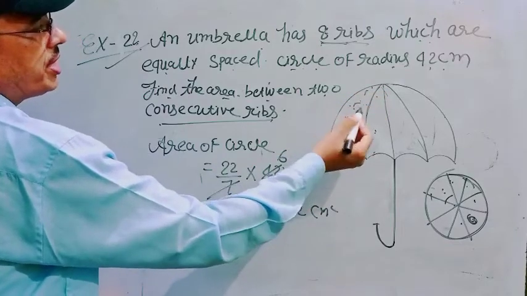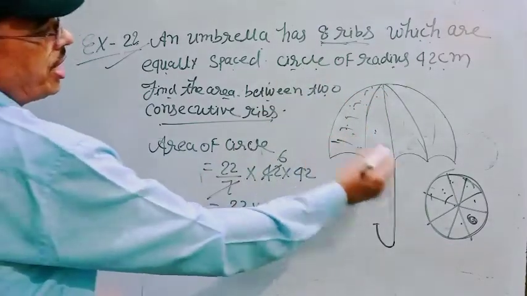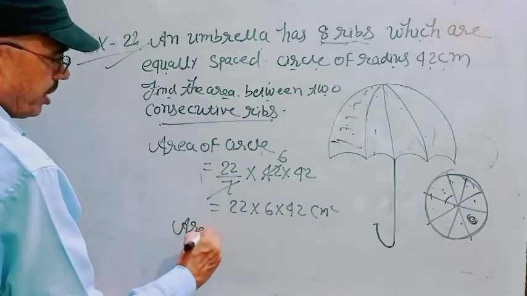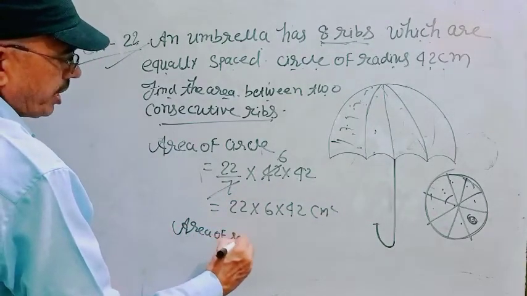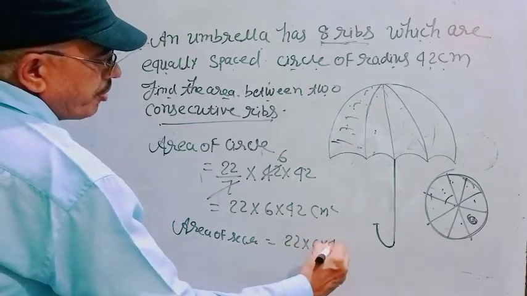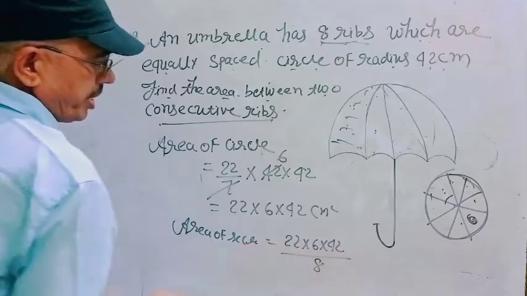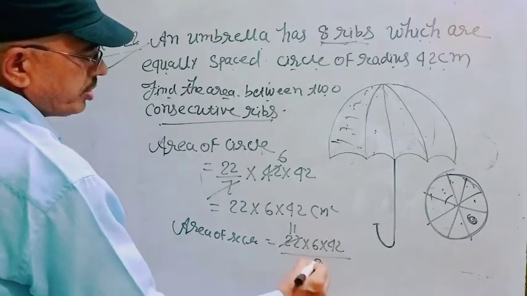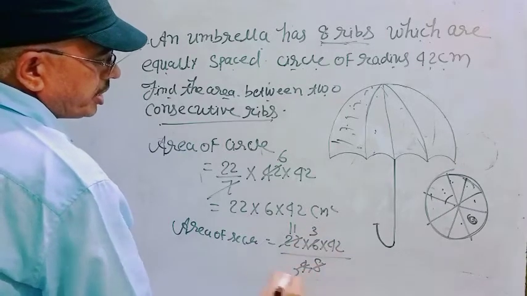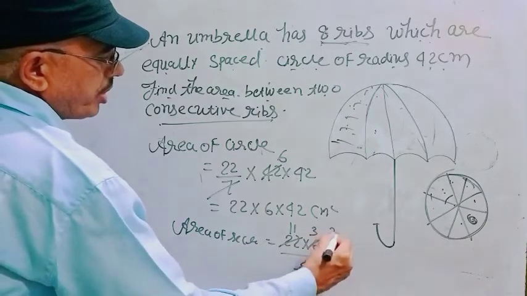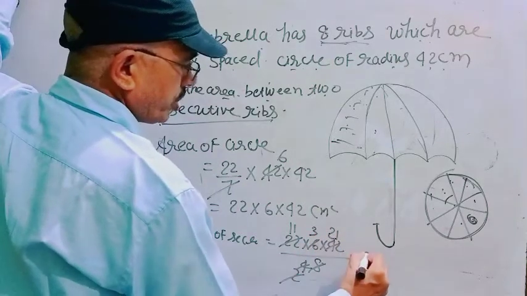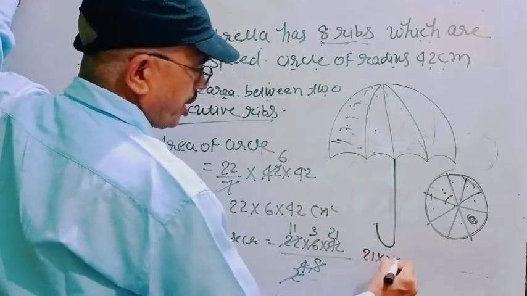One sector, and there are 8 sectors. So the area of one sector is 22 into 6 into 42 divided by 8. So 11 to the, it is 4. 3 the, it is 2. It is 21. So your answer is 21 into 3 into 11.